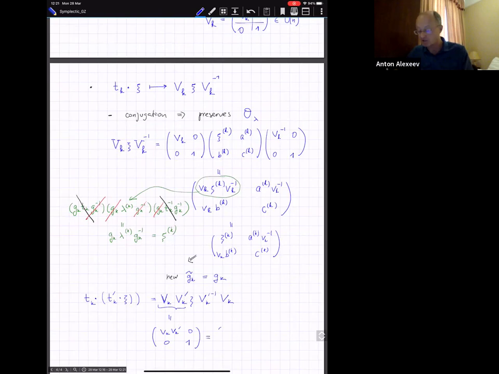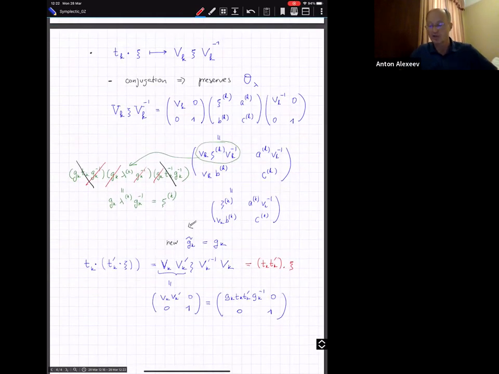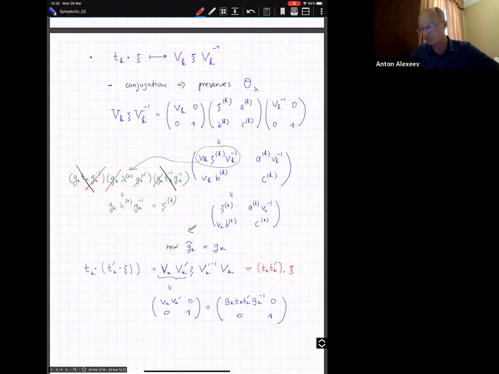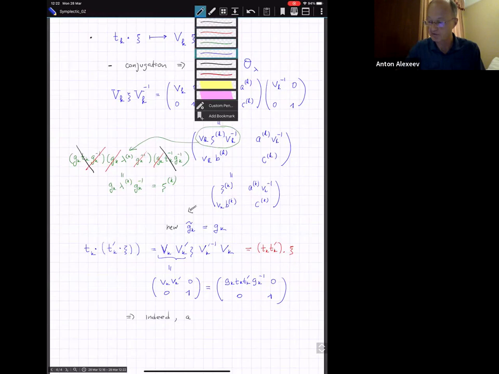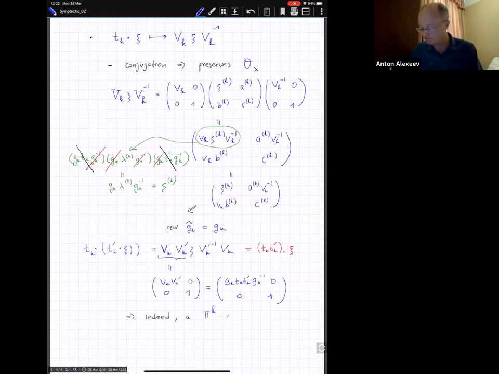And since the Gks are the same, this is Gk, Tk, Tk prime, Gk minus 1. So this is really equal to the action of Tk, Tk prime. Sorry. All right. So we established that this funny formula defines a Tk action.